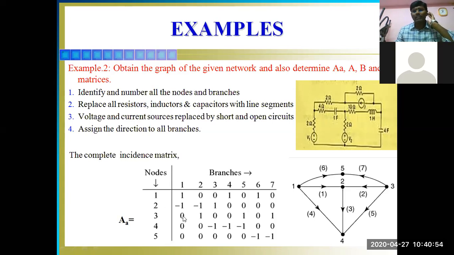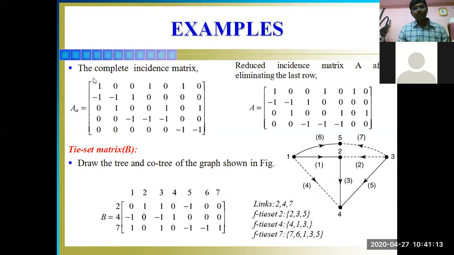From this we can get the reduced incidence matrix, by removing any one row, taking it as the reference.